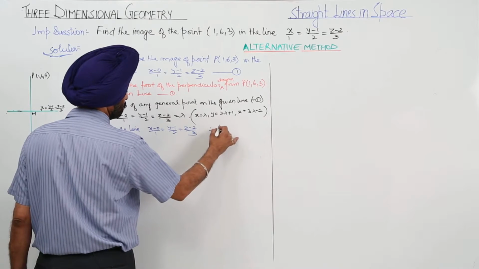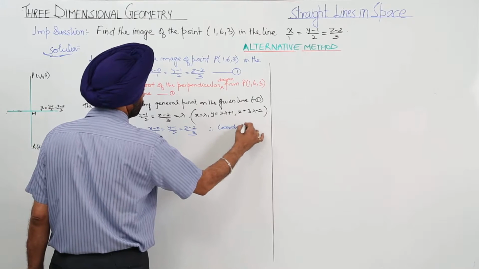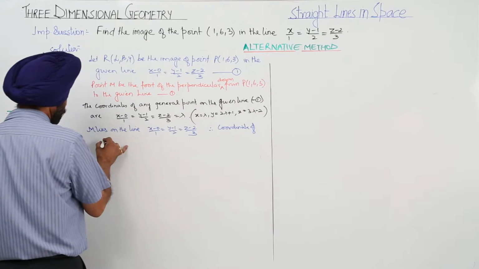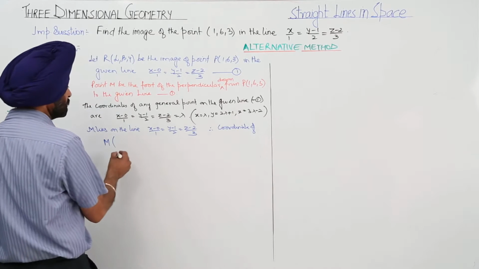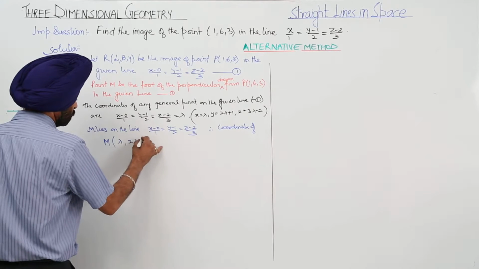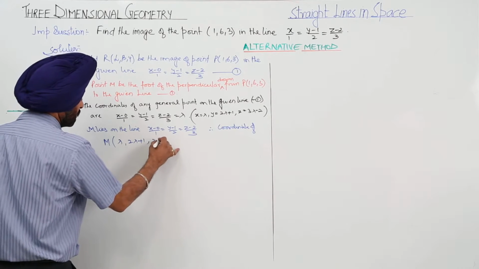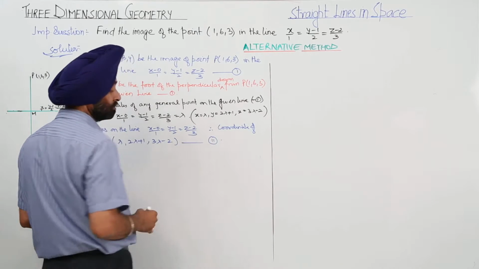Therefore, coordinate of M will be same. Okay. So, the coordinates of M are lambda, 2 lambda plus 1 and 3 lambda plus 2. Now, let this be equation number 2.